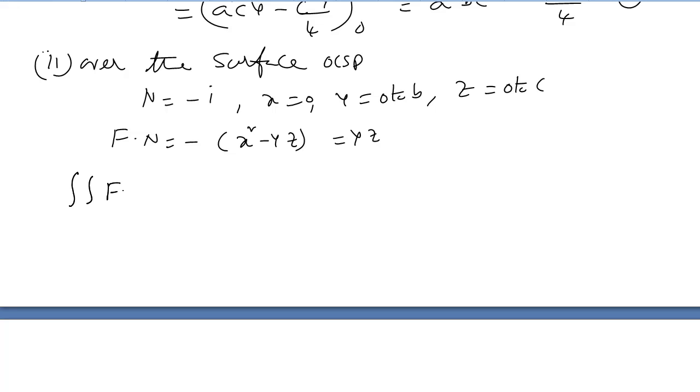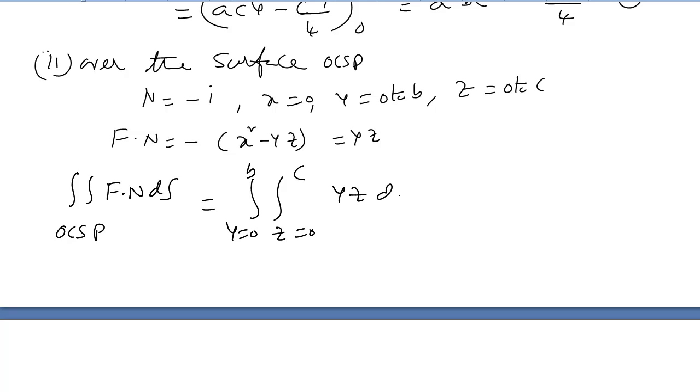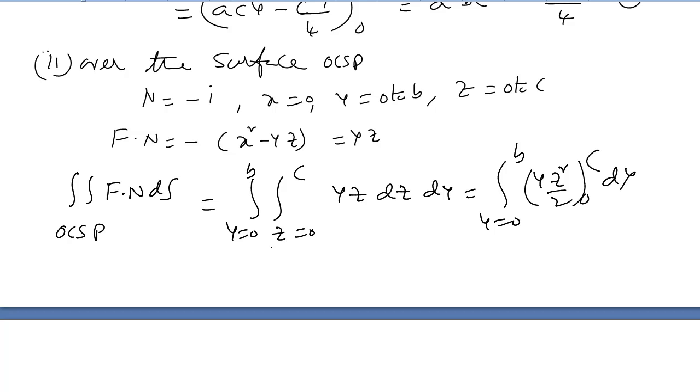Double integral f dot n ds over the surface OCSP equals double integral y is 0 to b, z is 0 to c, yz dz dy. z integration: y z square by 2, 0 to c, dy.